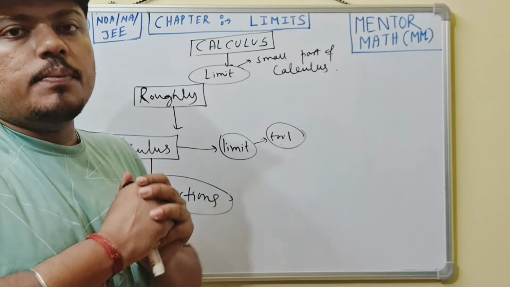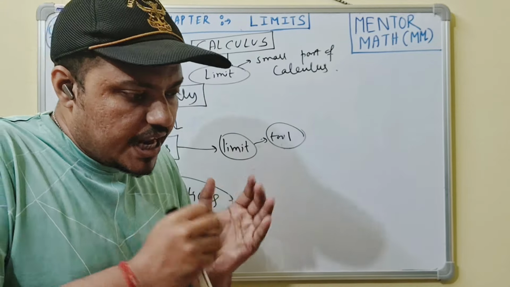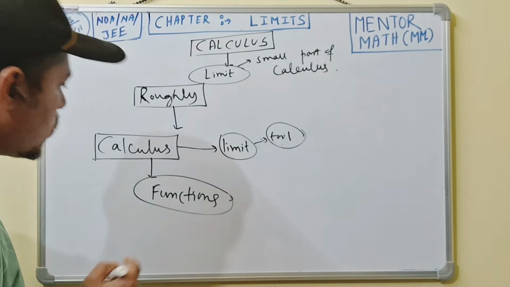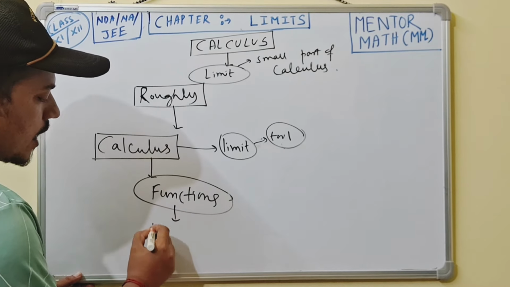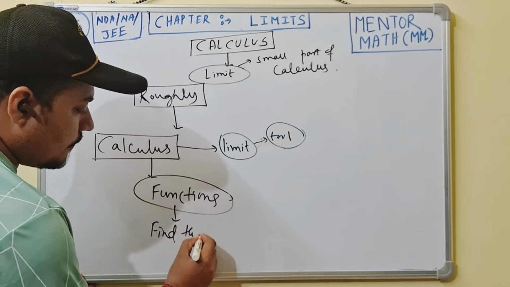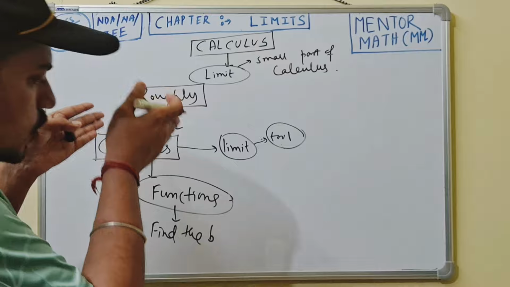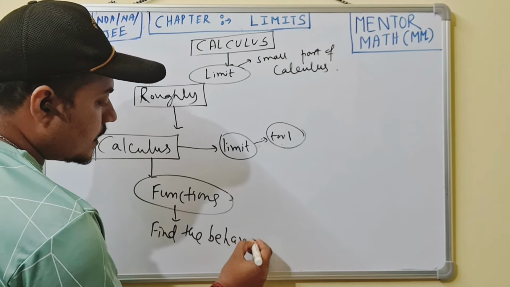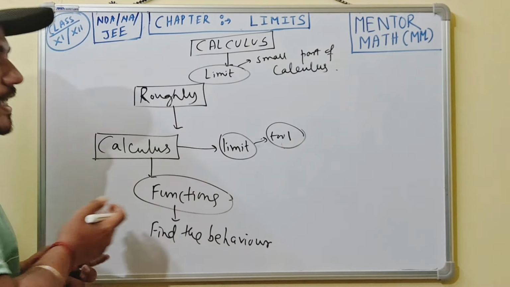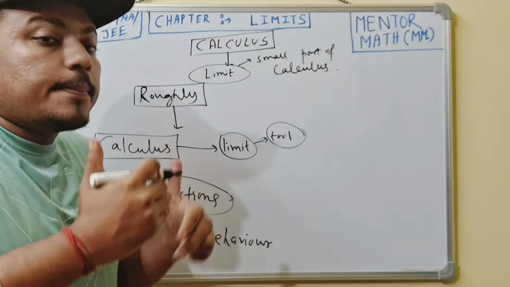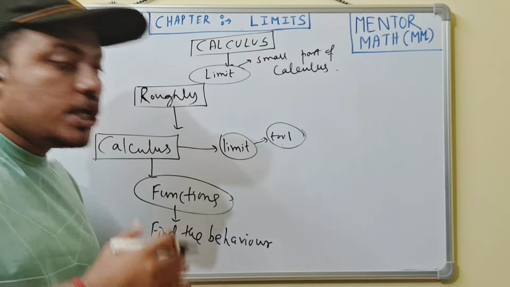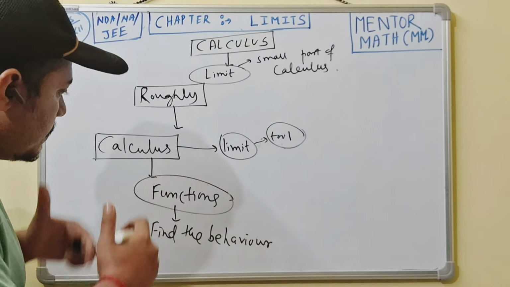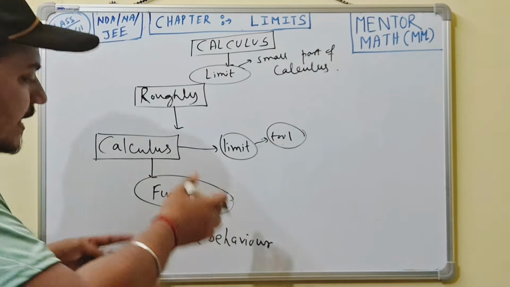Because your requirement is to check the behavior of each and every box. In mathematics, you have to find the behavior of each function, and to check the behavior of the function, we use the limit tool.